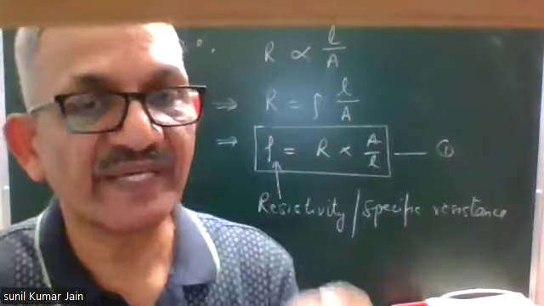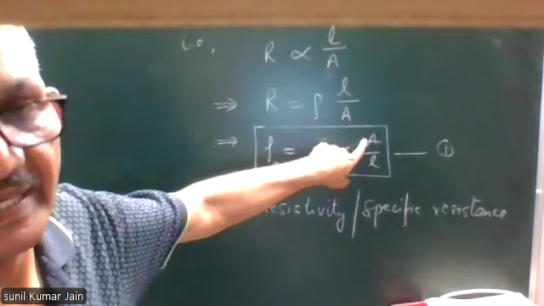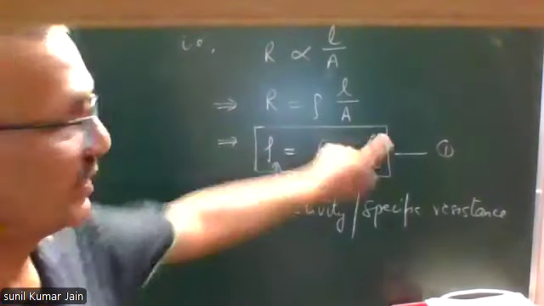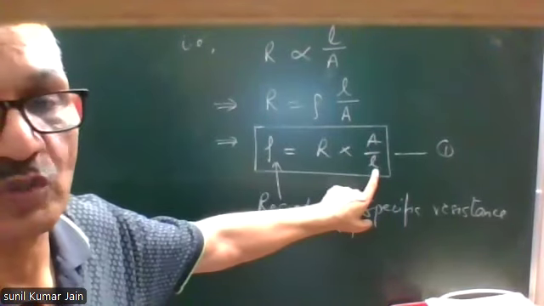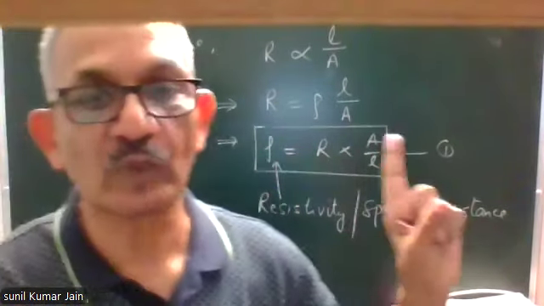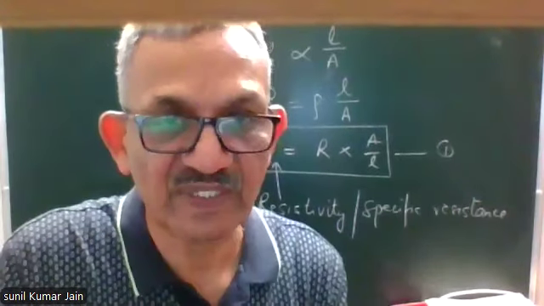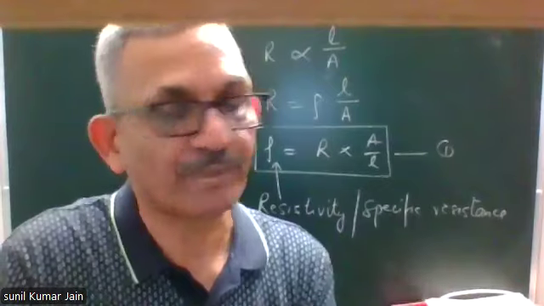Now, how do we define it? It's very simple. If area of cross section is unity, and the length of the conductor is also 1, then resistance and resistivity will be equal. That gives us the definition of specific resistance or resistivity.